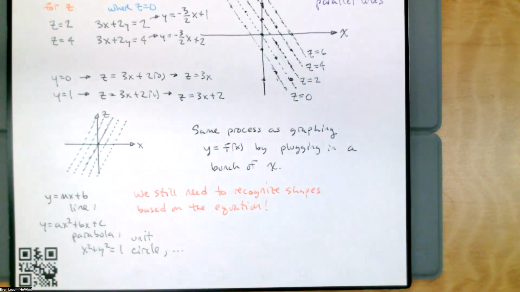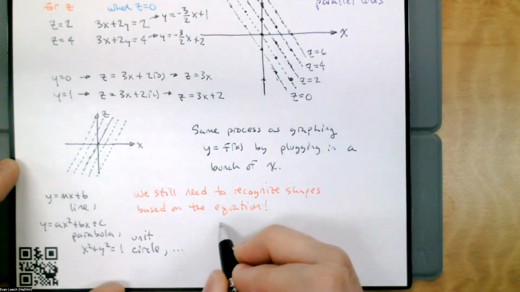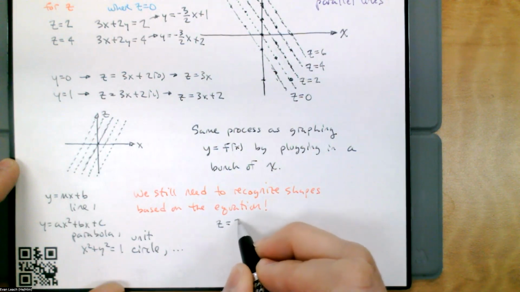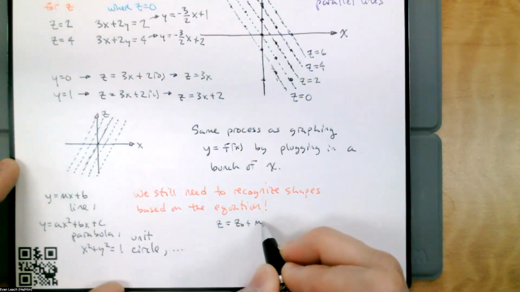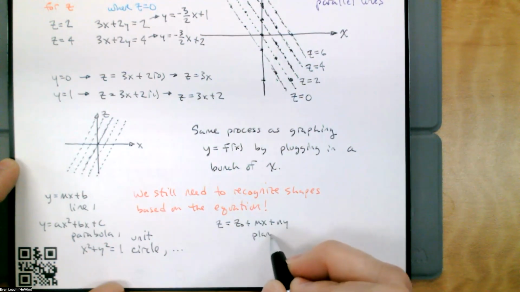You have this whole library of functions that you can picture based on the equation. All we need to do now is add a variable into the mix and see what we get. We've already started: z equals z naught plus mx plus ny is a plane.